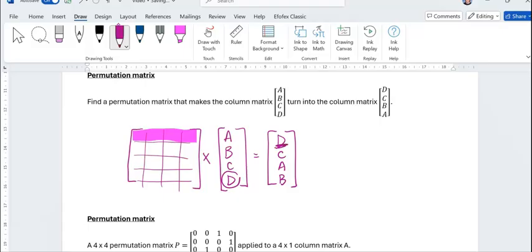So I've got to be thinking to myself, how am I going to pick up that D? I'm doing 0 times A plus 0 times B plus 0 times C plus 1 times D. So I need the 1 in this position so that it would run and dive, if you can imagine the 1 is picking up the D as the fourth position to put in that first row in the answer.